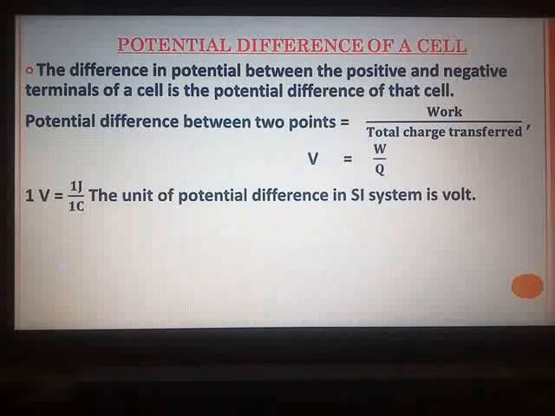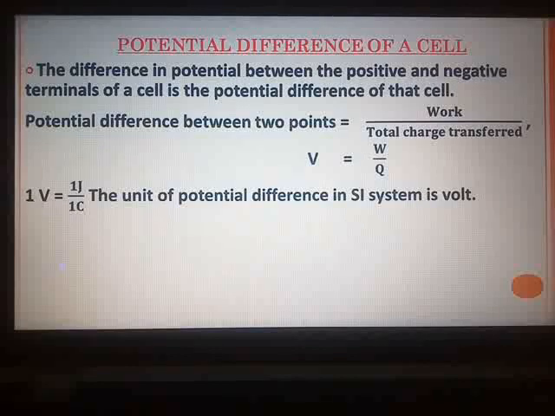Now previously I have told you that work has to be done against the electric field to take a positive charge from the lower potential to higher potential. So the amount of work done to carry a unit positive charge from point A to point B is called the electric potential difference.